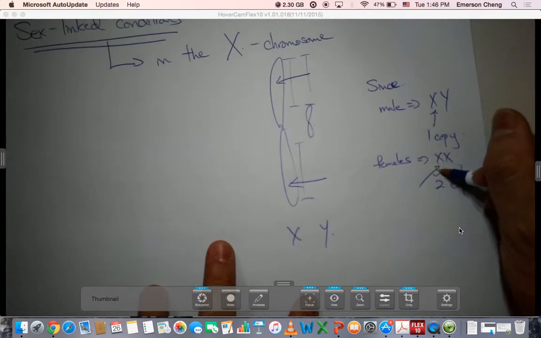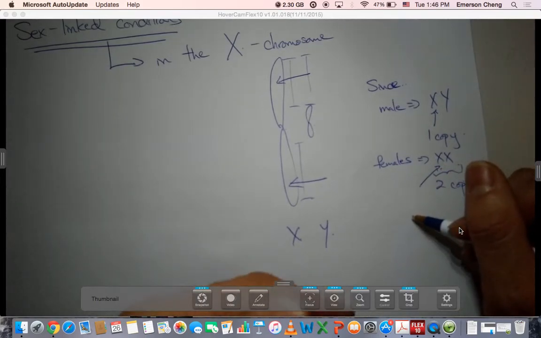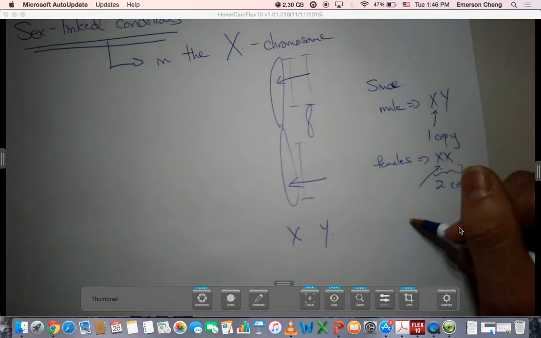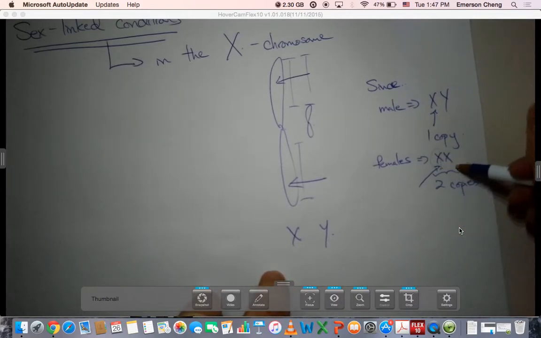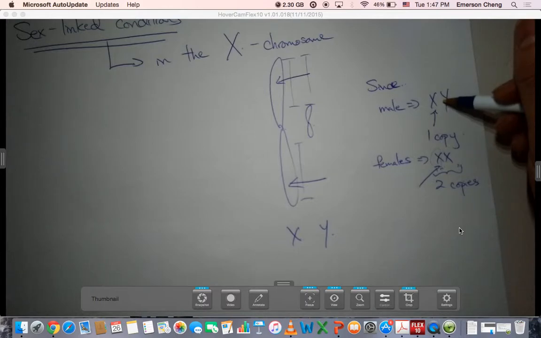If one of them contains a recessive allele that will cause a genetic disorder, doesn't matter, you have two copies. The other one will hopefully not be recessive, and you will not have the condition. If you're a boy, you only have that one X chromosome. If that chromosome contains a recessive disorder, you don't have another one to hopefully cover it up. That is the reason why.